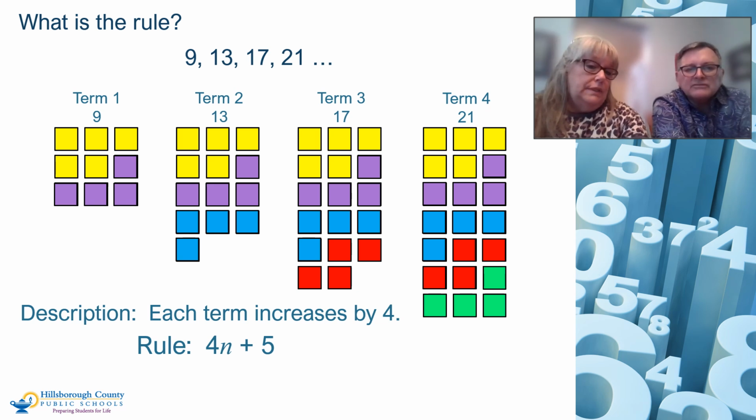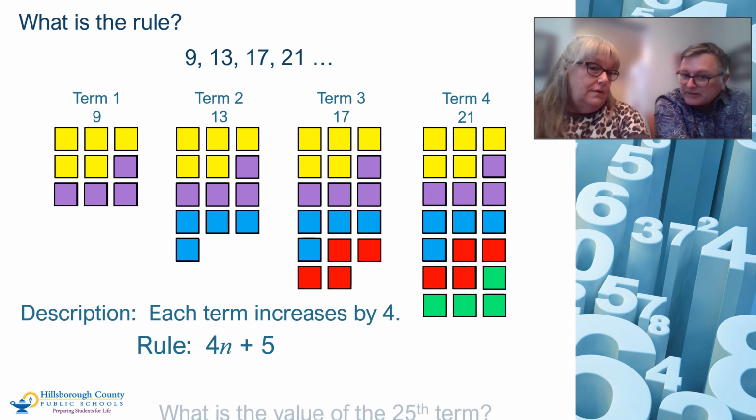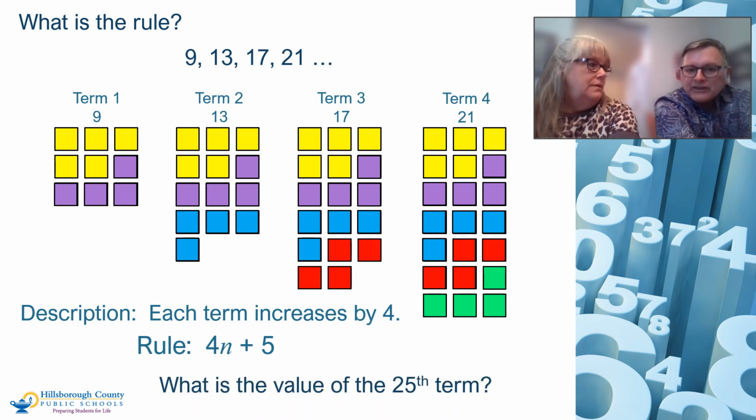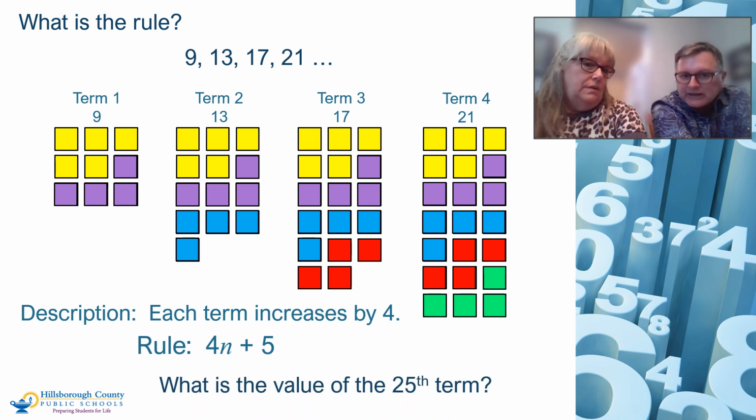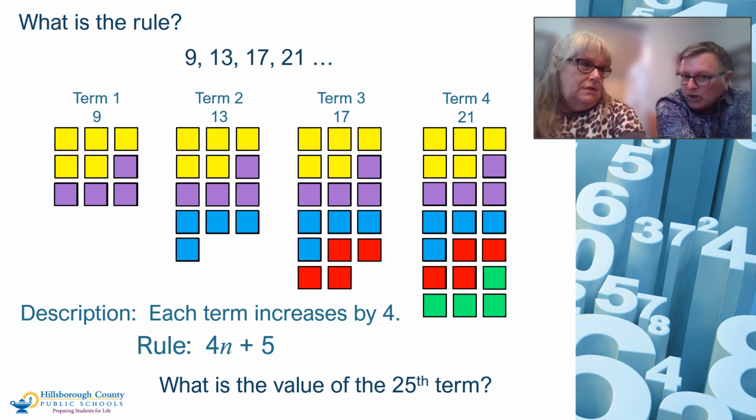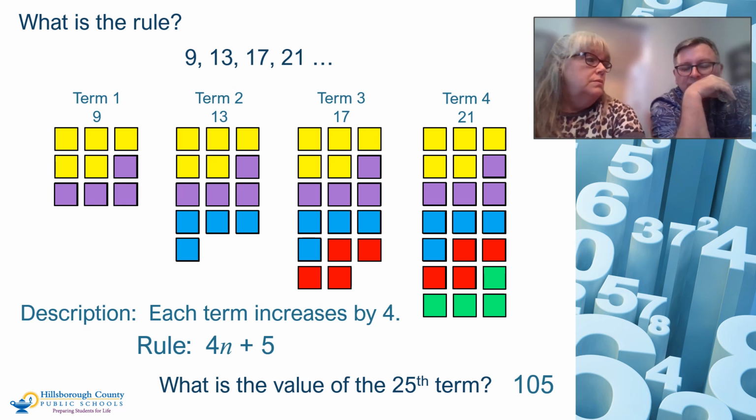Term 1, 4 times 1. But I have to add those 5 back in. In order to show the complete pattern with all the numbers, I had to add 4 to get the 9, in order to come up with the rule.